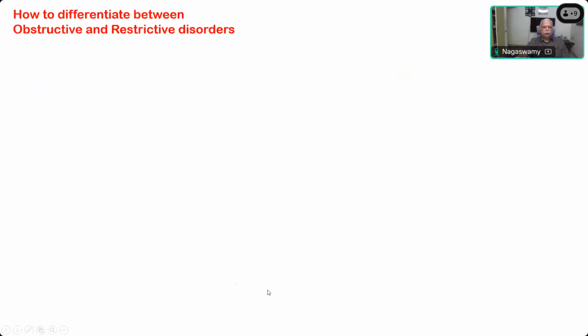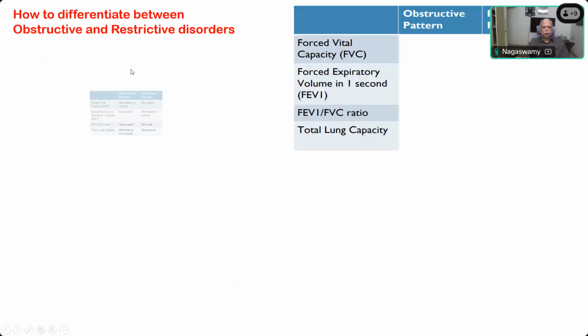So with this basic thing, the first and foremost commonest thing that the examiners or the PFT reports that are given to you will show is either an obstructive pattern, a restrictive pattern, or a mixed pattern. Okay, so what are the things that you have to look into?